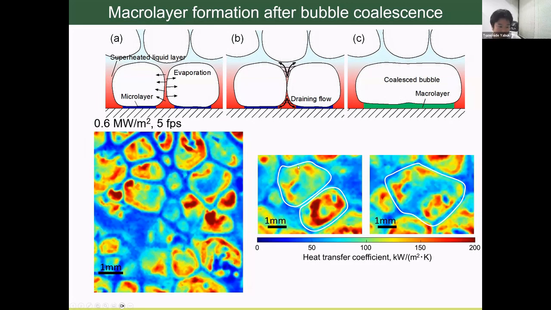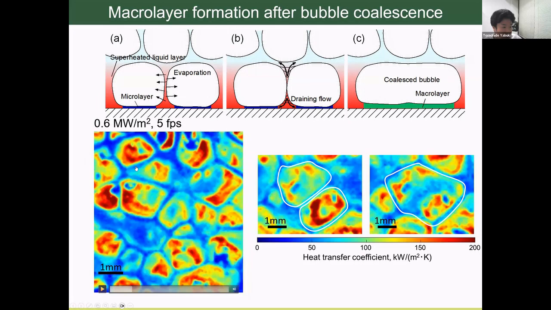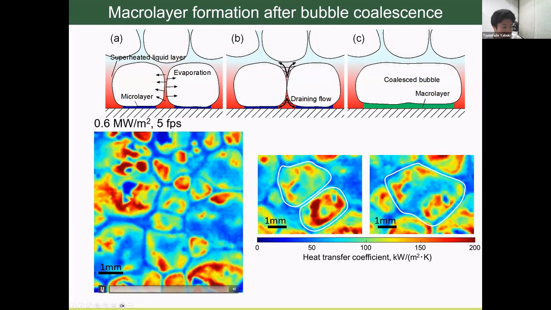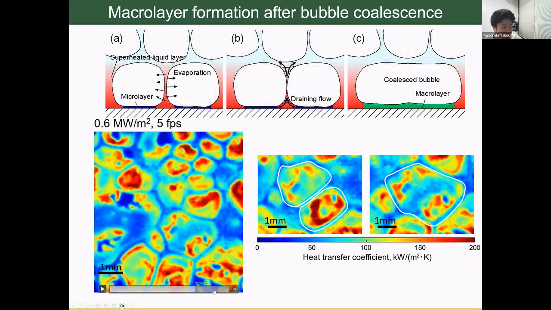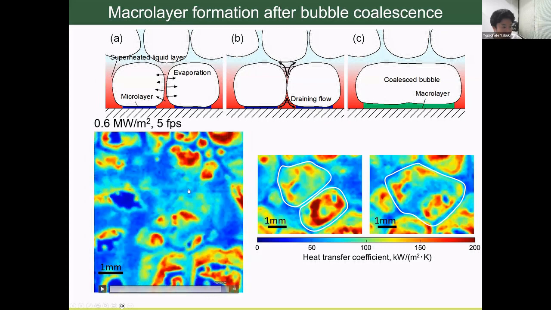In this case, after the coalescence of 2 bubbles, we can see a much thicker liquid film here. And in this case, first you can see many primary bubbles, and after the coalescence, we can see a large dry patch.